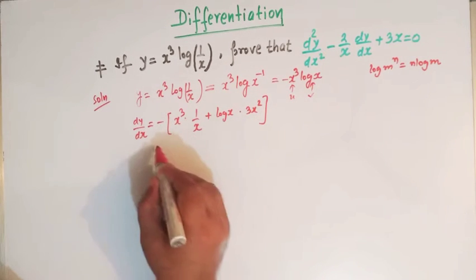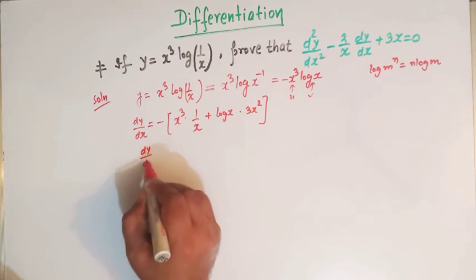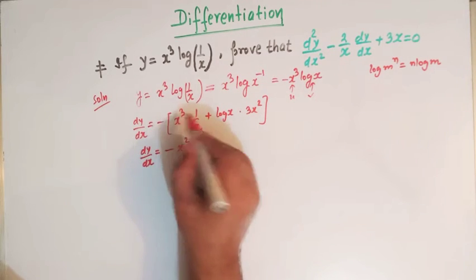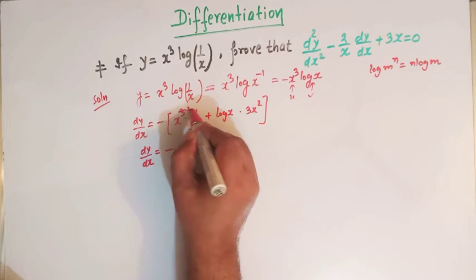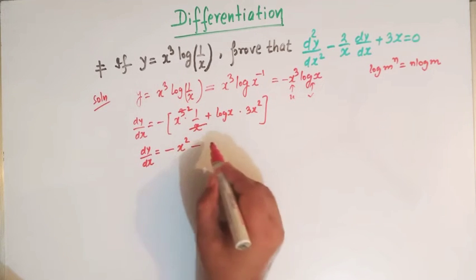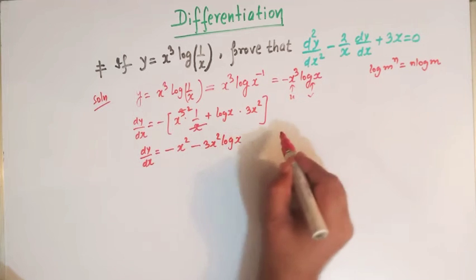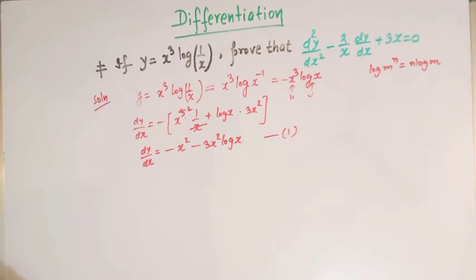Now this can be written as dy over dx is minus x square, because x cube and 1 over x gives x square, minus 3x square log x. So this is equation 1.